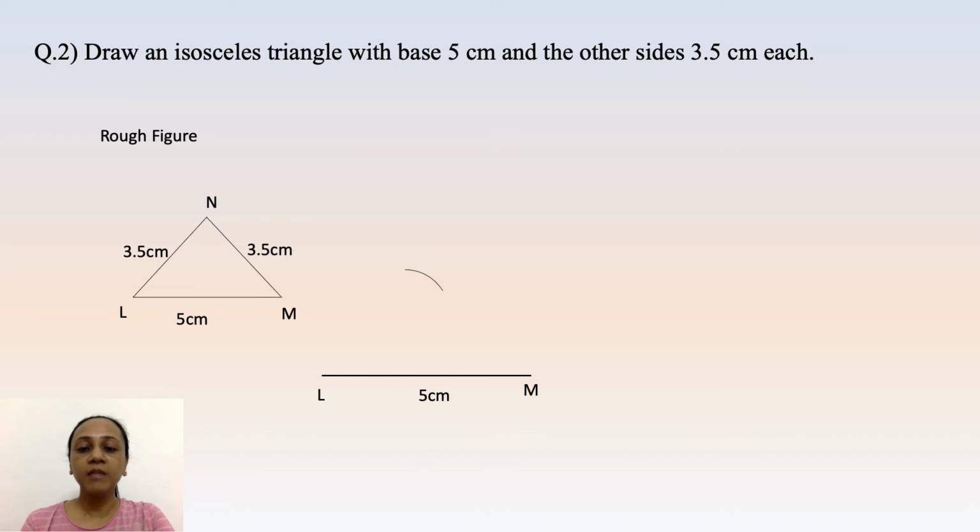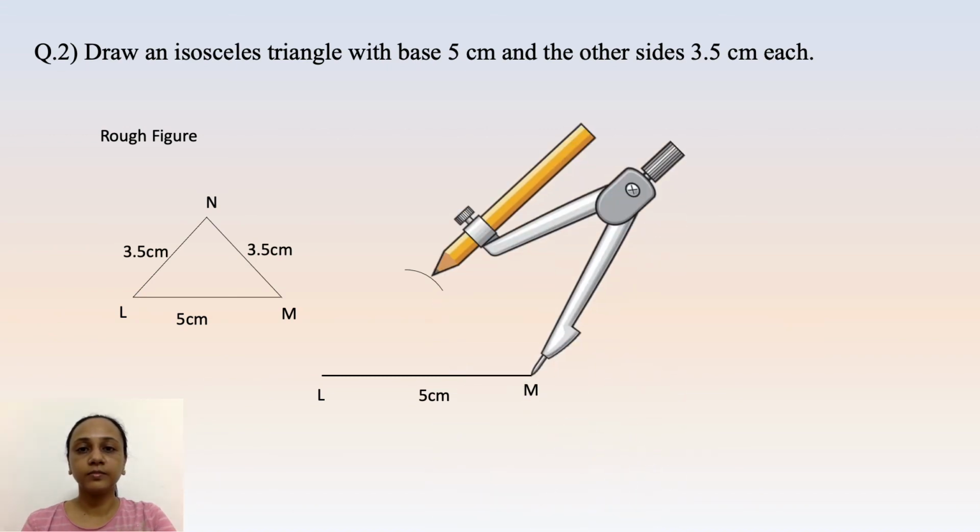Then keep the same distance in compass, that is 3.5 cm. Here in compass we are keeping the same distance, that is 3.5 cm, because the given triangle is isosceles.